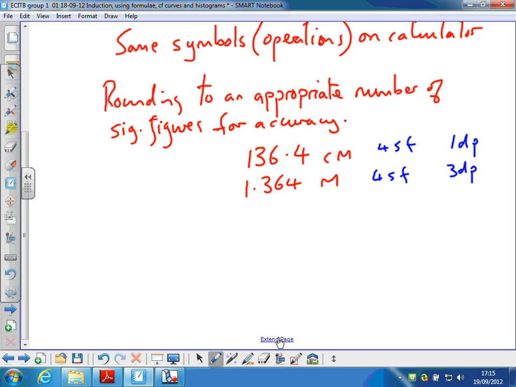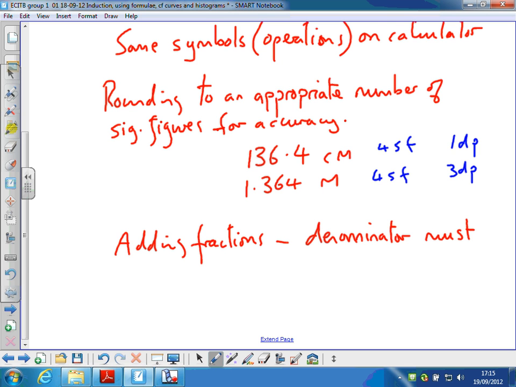If you're adding two fractions, the denominator must be the same.